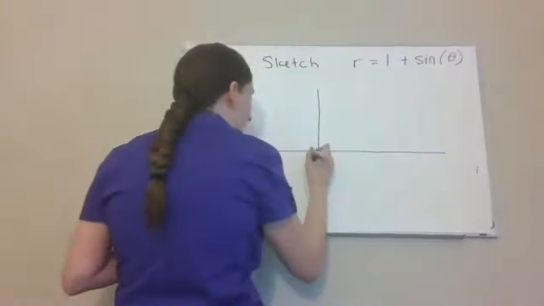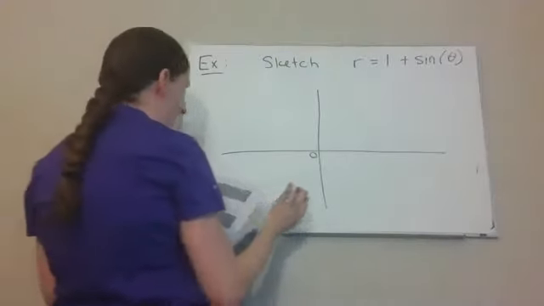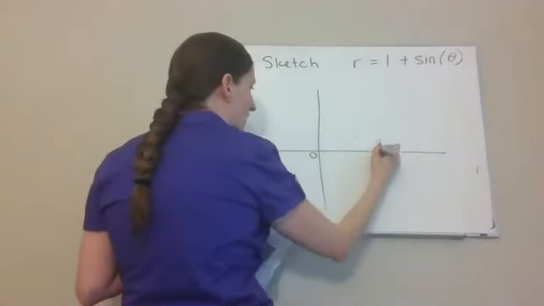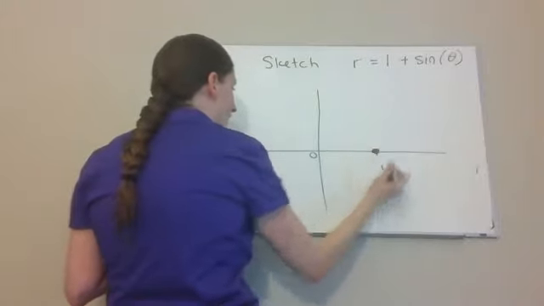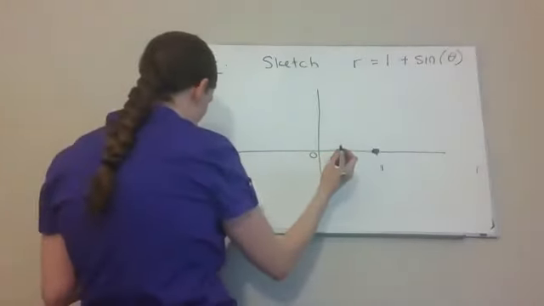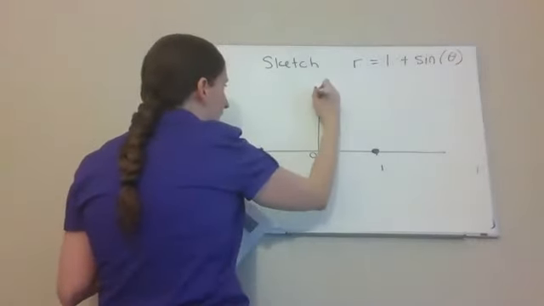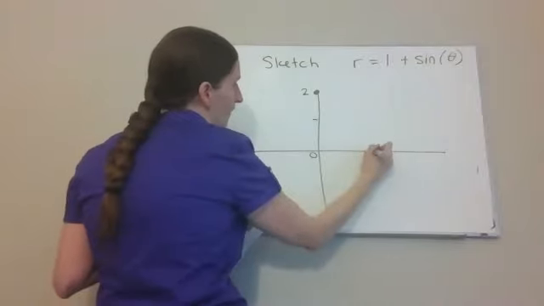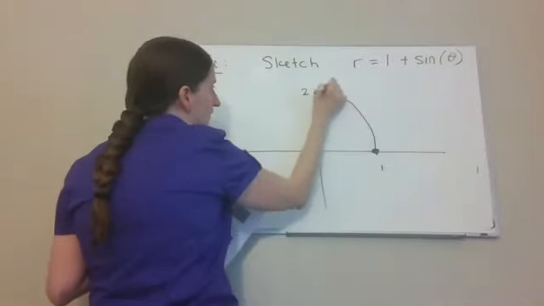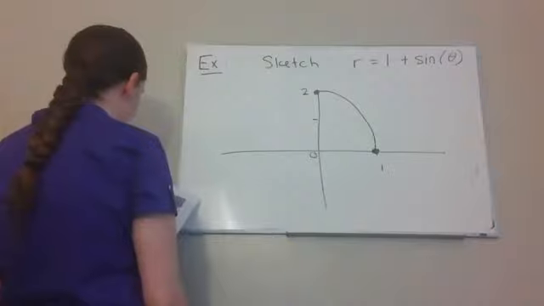So here's my O, and again, I'm starting at a distance of 1. When I go from an angle of 0 to pi over 2, my distance increases from 1 to 2, so I get that part of the curve up there.